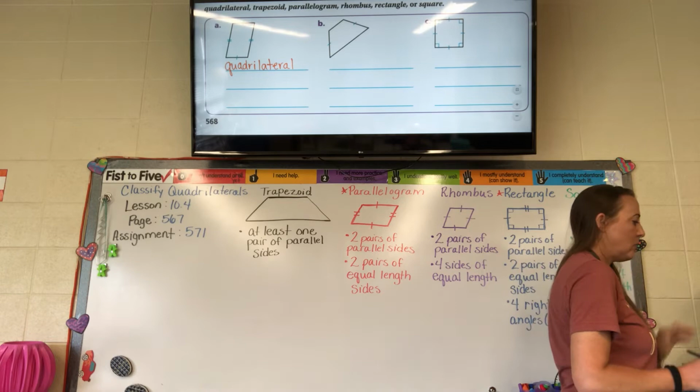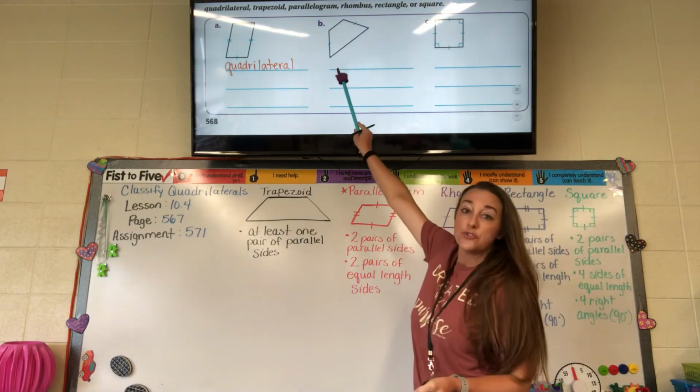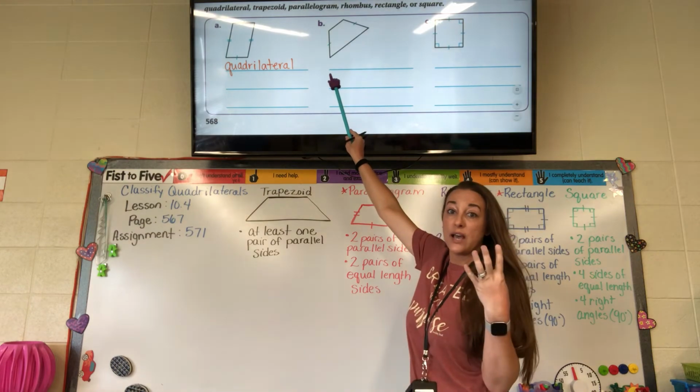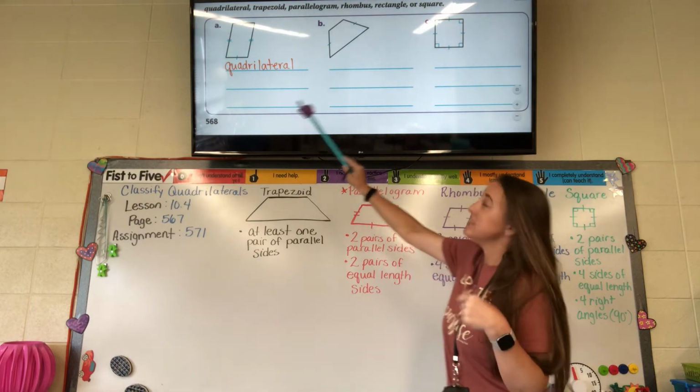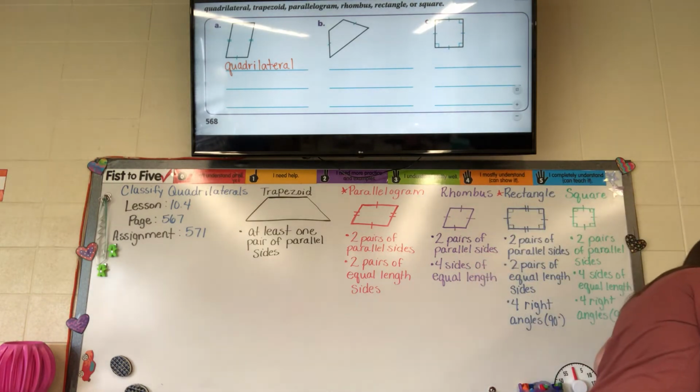And while we're classifying quadrilaterals, let's just go and look. Is this a quadrilateral? Does it have 4 sides and 4 angles? Yes. And this one also has 4 sides and 4 angles. So all 3 of these are quadrilaterals.